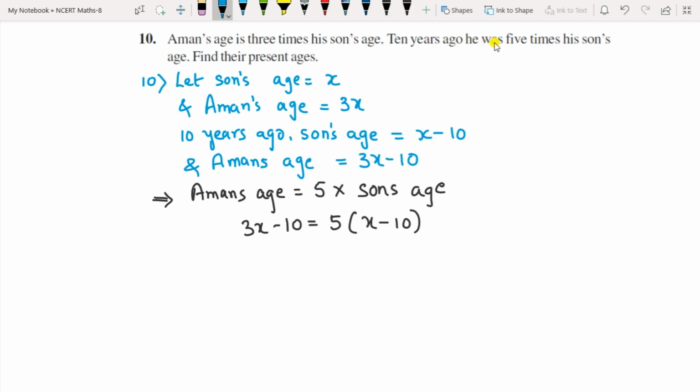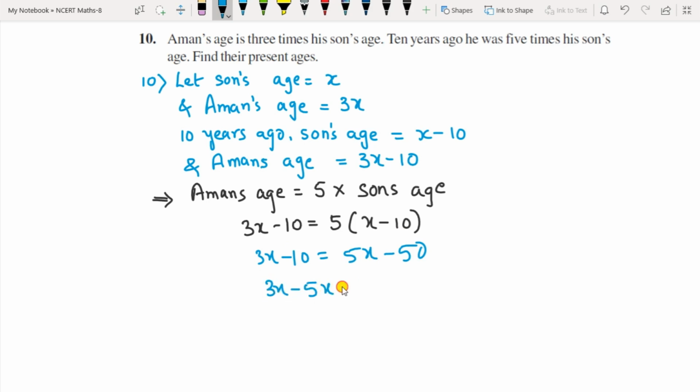So the next relation is given as, 10 years ago, Aman was 5 times his son's age. So Aman's age was 5 times his son's age. So substitute the values. Aman's age is 3x minus 10 equal to 5 times bracket x minus 10. So 3x minus 10, multiply 5 inside the bracket, 5x minus 50, move the like terms together.